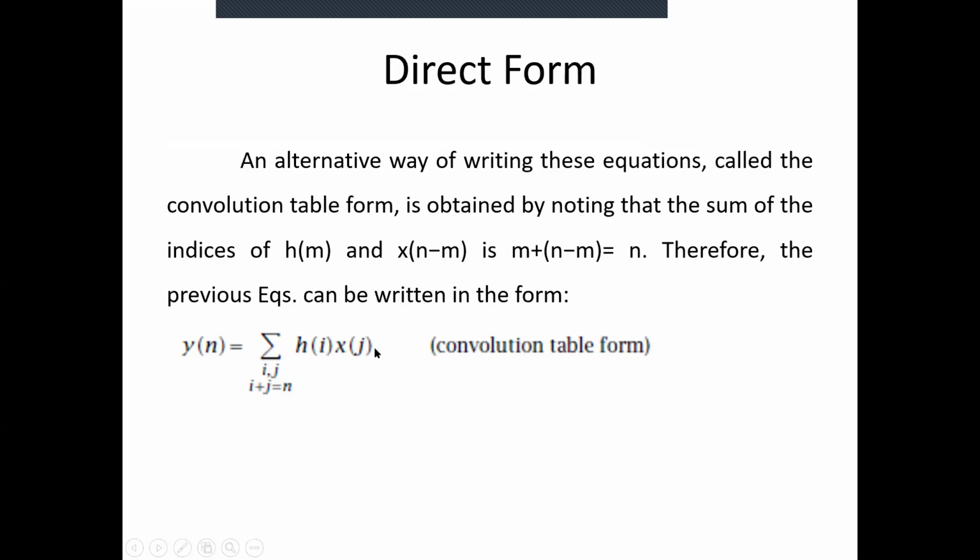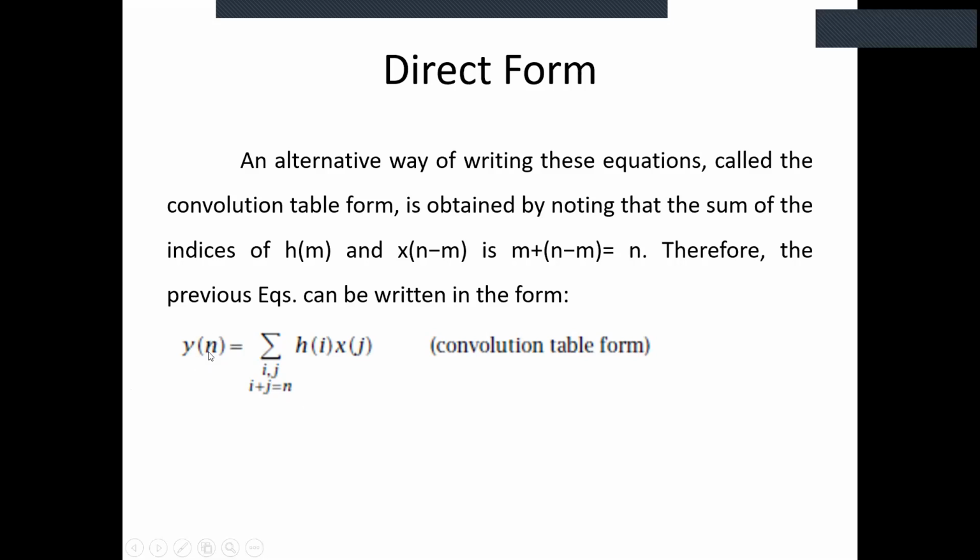But we have a single condition. We have to obey this condition, which is that i plus j must equal n. Now, for example, I'm going to calculate y of 2.